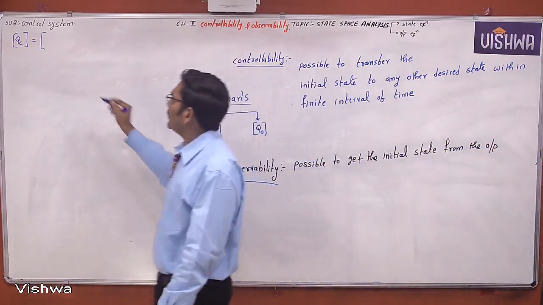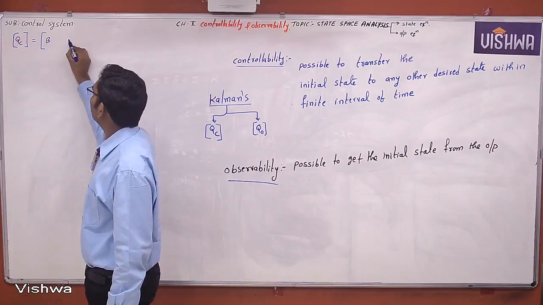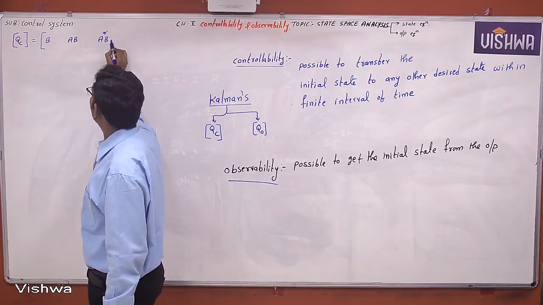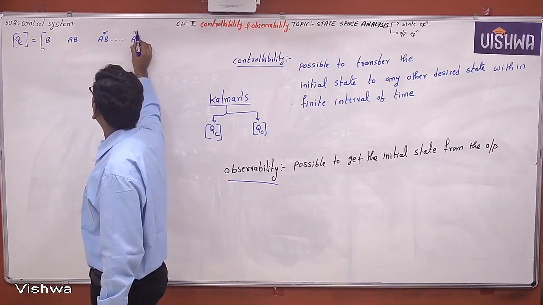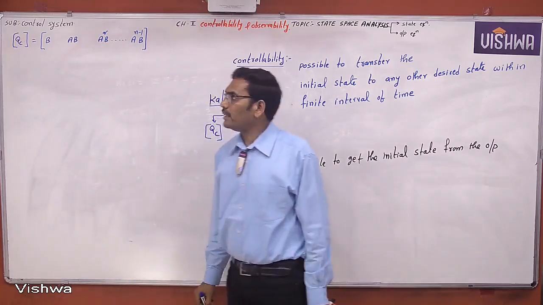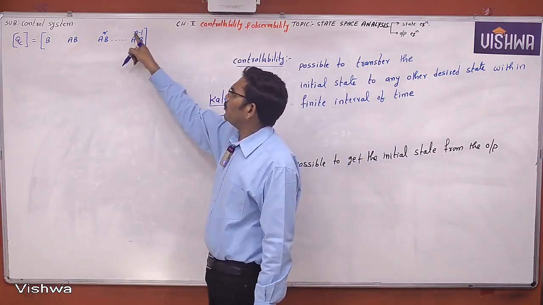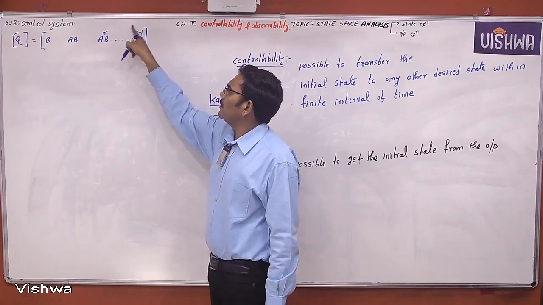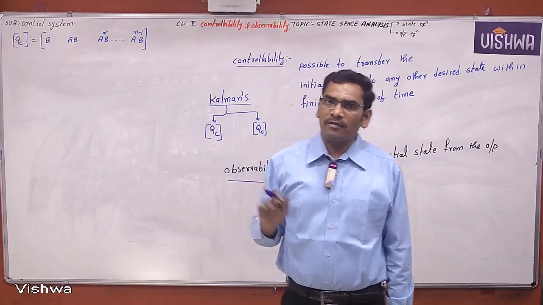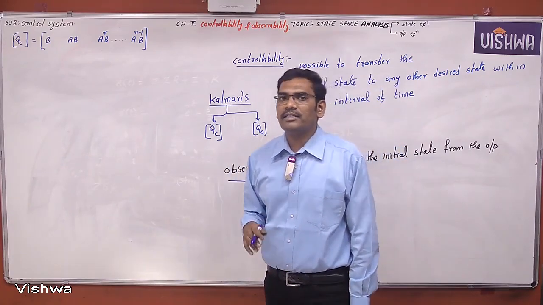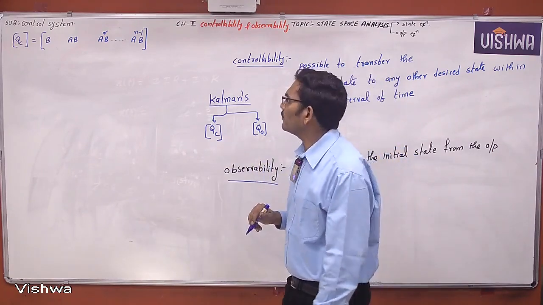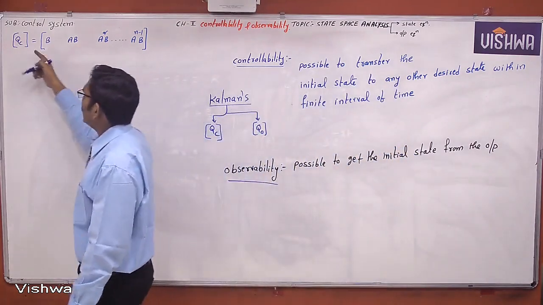Therefore, the controllability matrix is B, AB, A square B, and so on, A power n minus 1 into B. Here n is the order of the A matrix, or the number of state variables, or the order of the transfer function, or the order of the differential equation, or the number of integrator blocks, or the number of storage elements. So this is the controllability matrix.